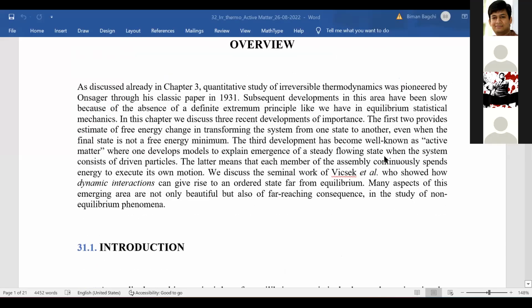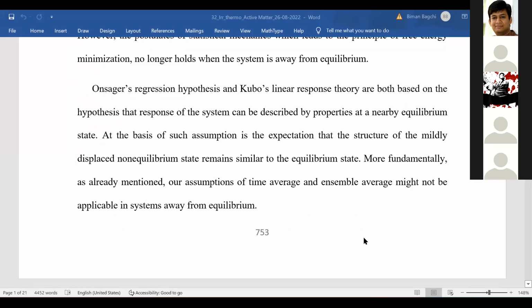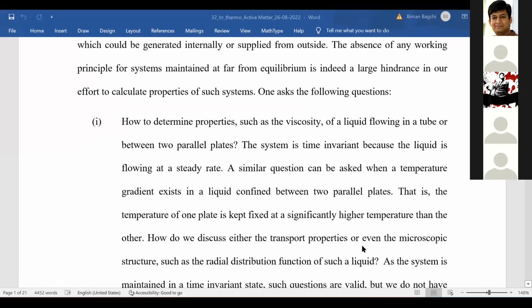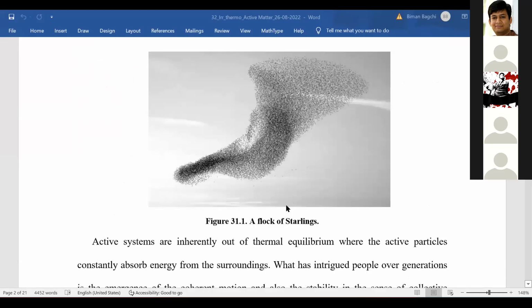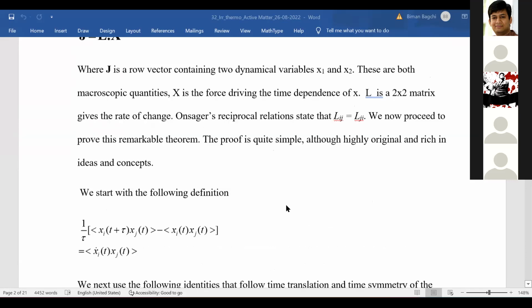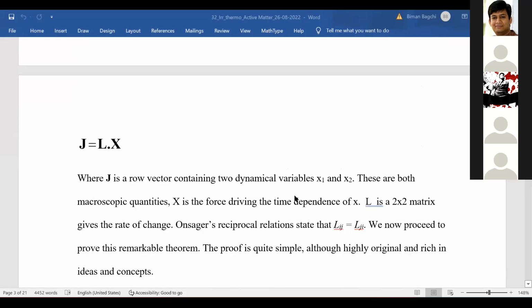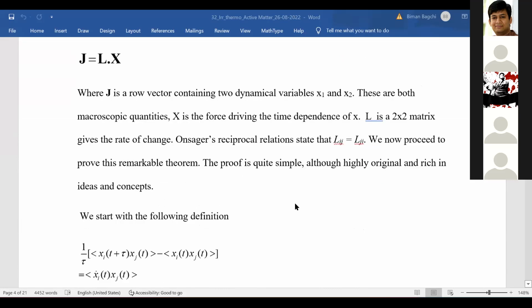Okay, so this is a beautiful proof, and I'll briefly go through it. This is the Onsager reciprocal relation. I said J is a vector, and let us consider two dynamical variables, Ai and Aj.